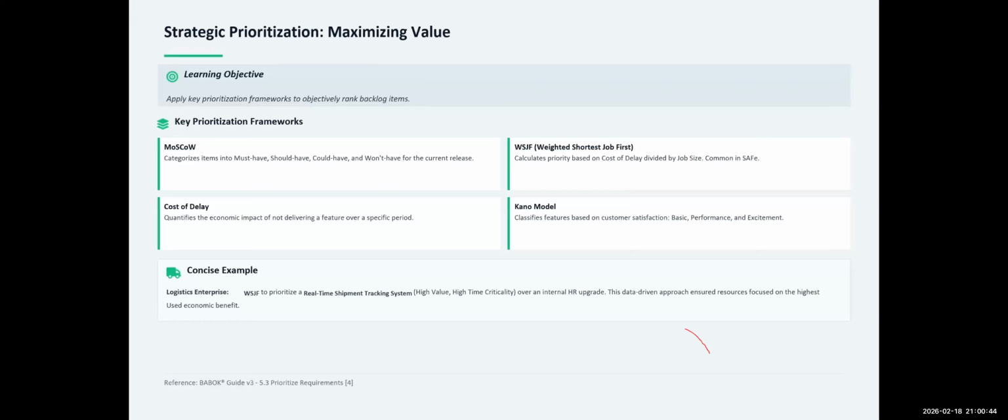All right. So the next one is WSJF, weighted shortest job first, right? Just as I've said earlier, these things have what's called a formula.